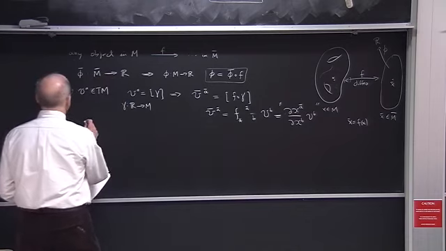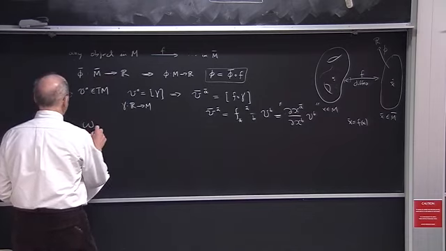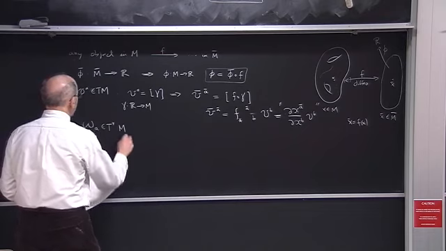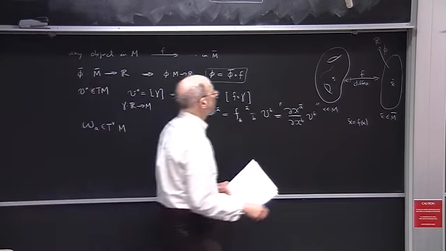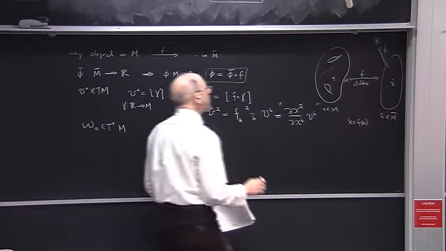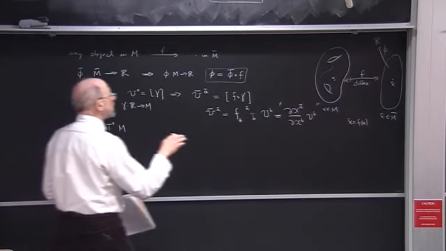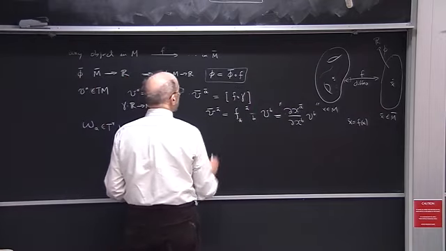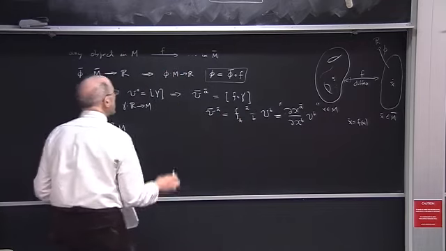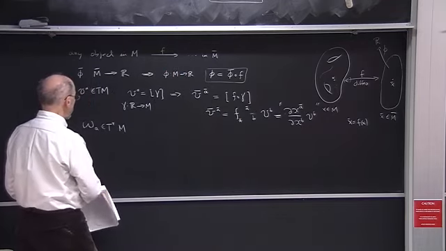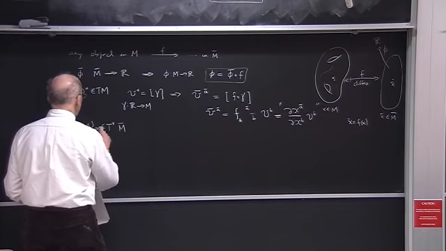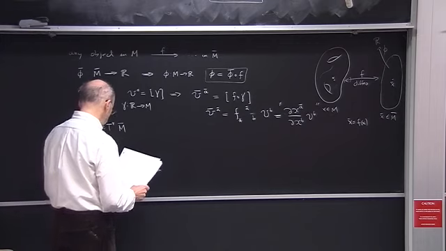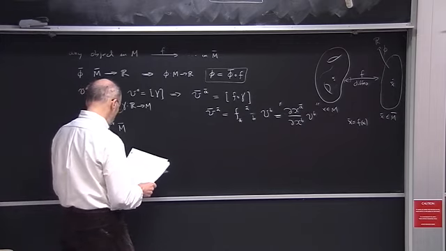What about the case of a covector? There's some funny thing that covectors naturally go backward, and vectors, contravariant tensors more generally, go forward. You can, of course, go both ways because this is an invertible map, but it's easiest to write the map one way or the other depending on whether it's a vector or covector. So let's take omega A bar in the cotangent space to M bar.